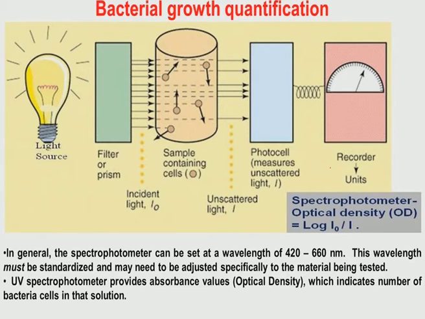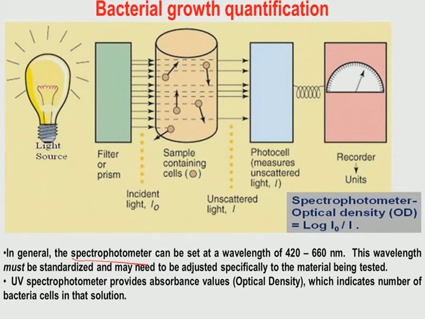Now, how can you quantify this kind of growth kinetics? One of the most standard and widely used methods is the spectrophotometer. As the name suggests, a light ray of a certain wavelength is made to pass through the bacterial growth medium, once as a blank solution without bacteria, and once as the actual growth medium containing bacteria.